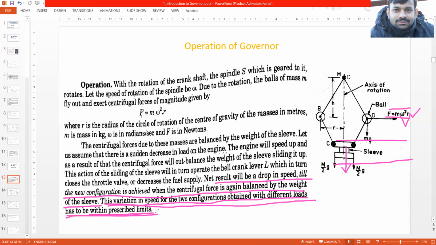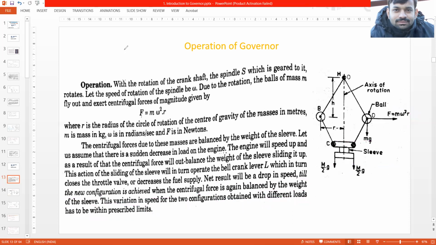Whatever limit is prescribed by the manufacturer for the engine, the speeds of these two configurations have to be within those prescribed limits. This is how a governor operates.